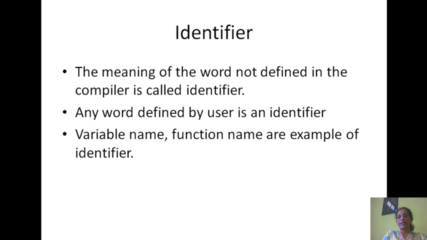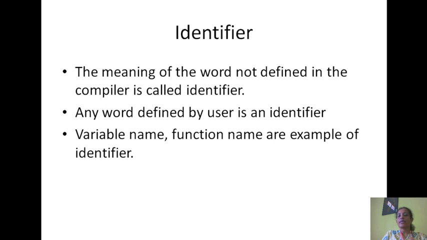So every identifier is defined by the user. In one program, if I define a variable name as A1 or N1, then the user knows what the meaning of this variable name A1 or N1 is.